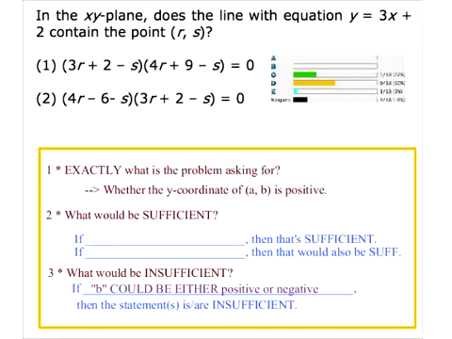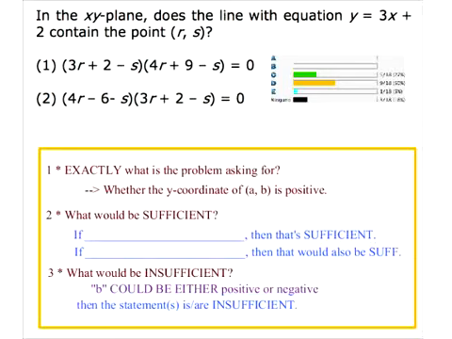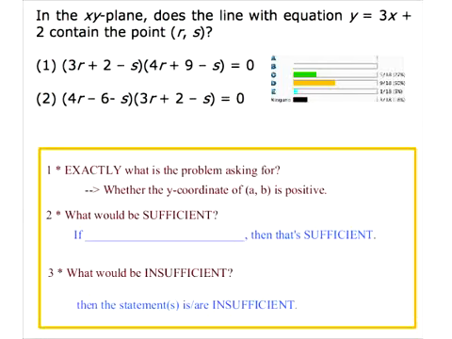But all right, let's talk about this. Let's fill these things in. What is the problem asking us? The problem is not asking us about that. That's from the last problem. The problem is not asking us about coordinates anymore. What is the problem asking us?